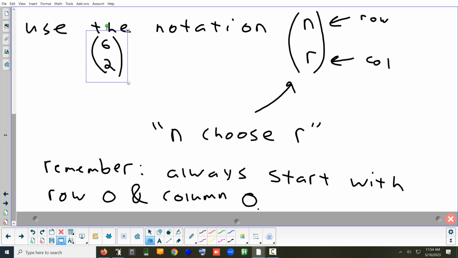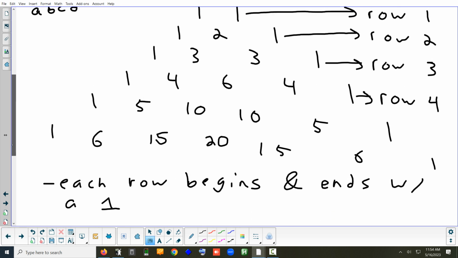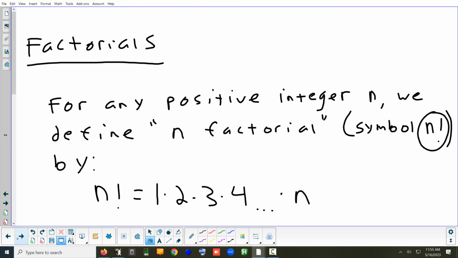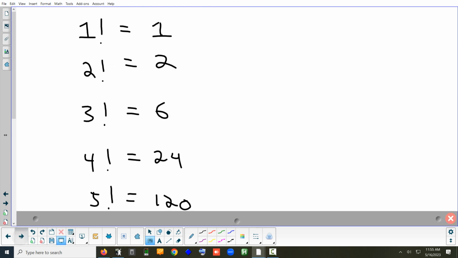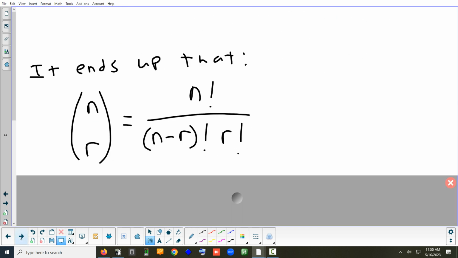We can look up the answer on the triangle. Counting 0, 1, 2, the answer should be 15, for 6 choose 2. Let's see if the formula works for 6 choose 2.